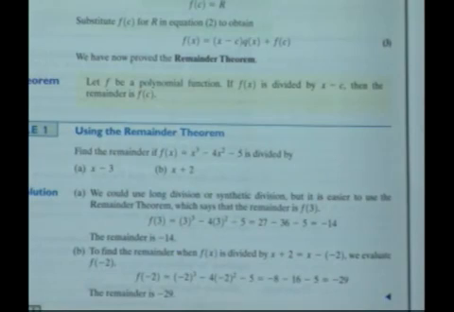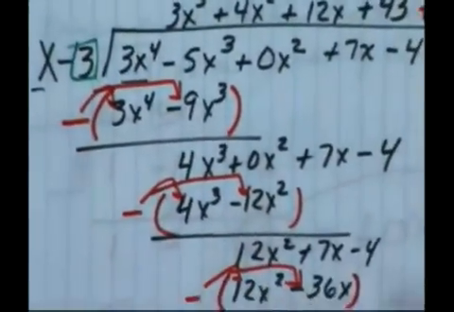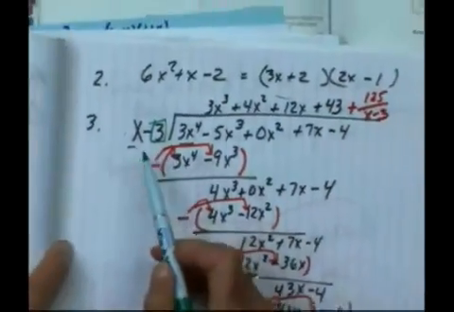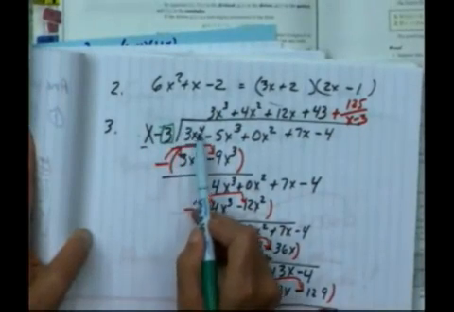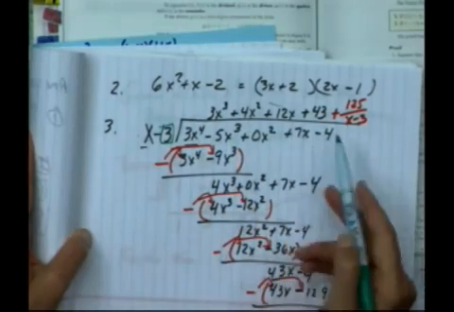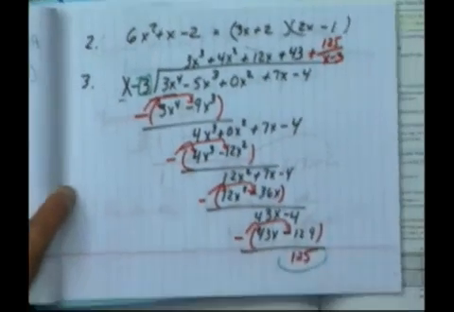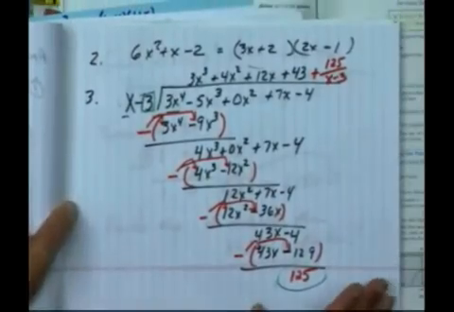I'm going to send you back real fast to yesterday. Yesterday we had a problem where we divided by x minus 3, x minus c. We did the long division, and we saw we had a remainder of 125.